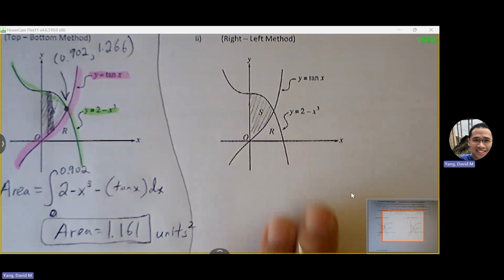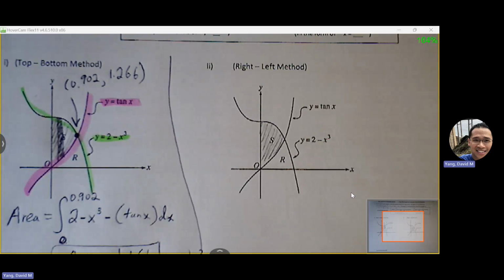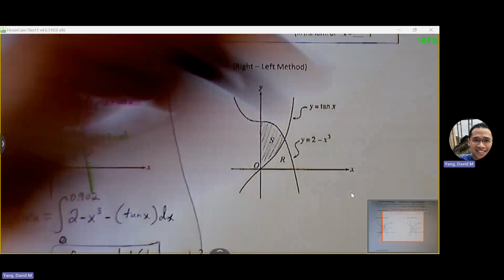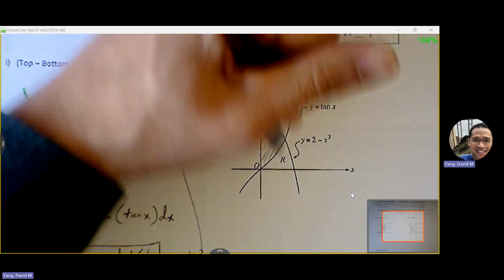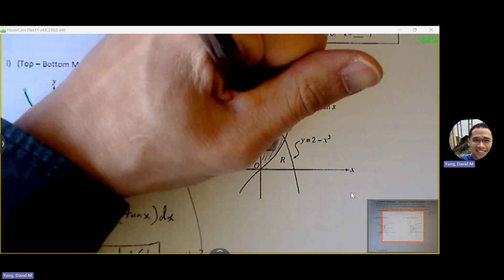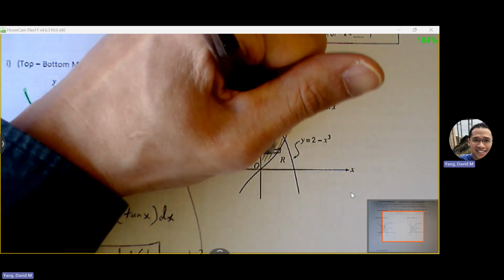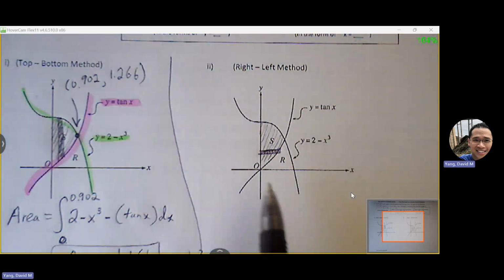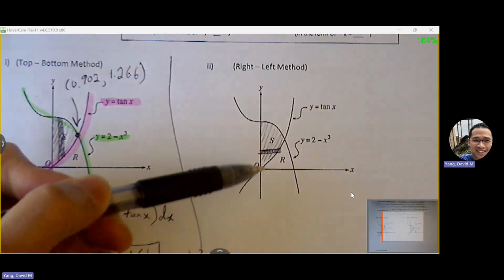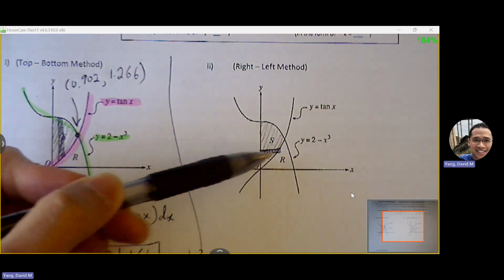Right minus left is a bit more challenging because now we want to think, what if we wanted to add up rectangles, but we were adding rectangles horizontally? What if we were stacking rectangles from one end to the other, like this way? So then we have to do right minus left.